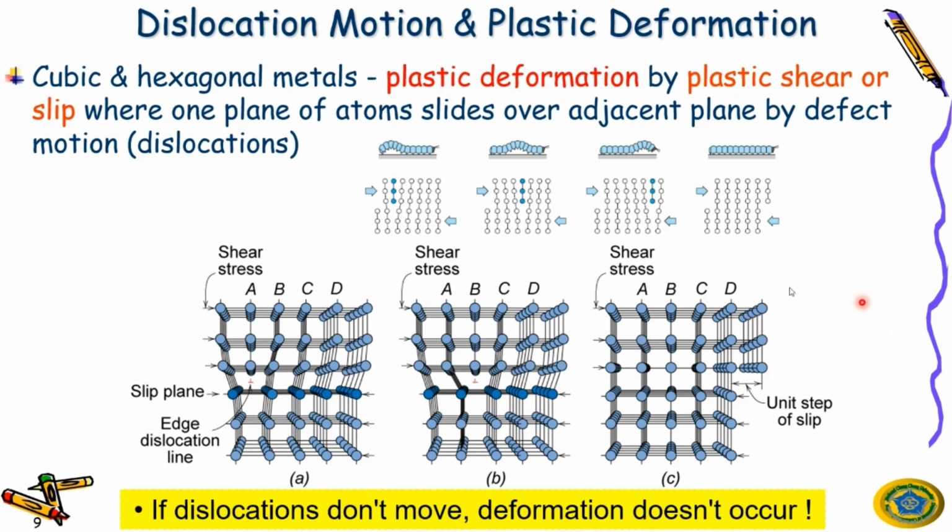If you want to deform this material, you need to make the dislocation line or dislocation plane, the dislocation defects, move.